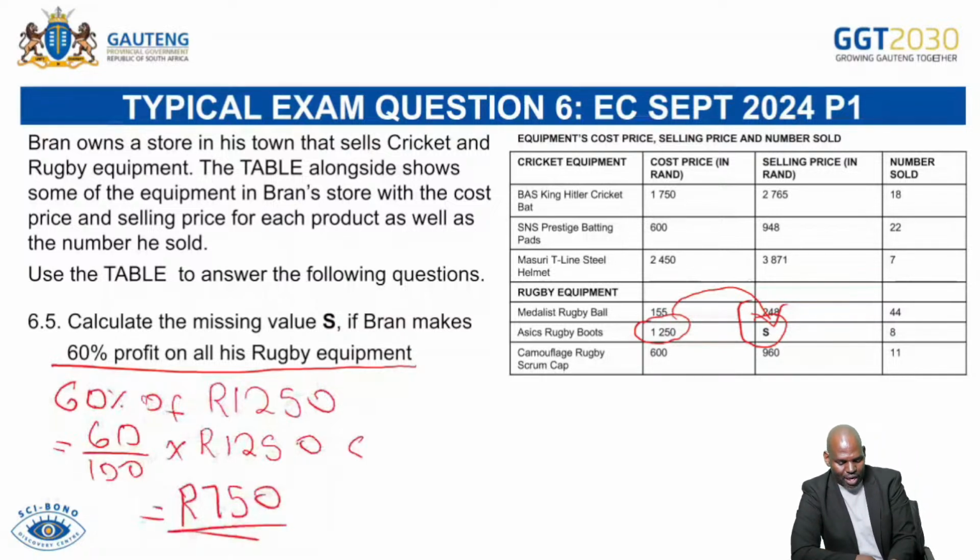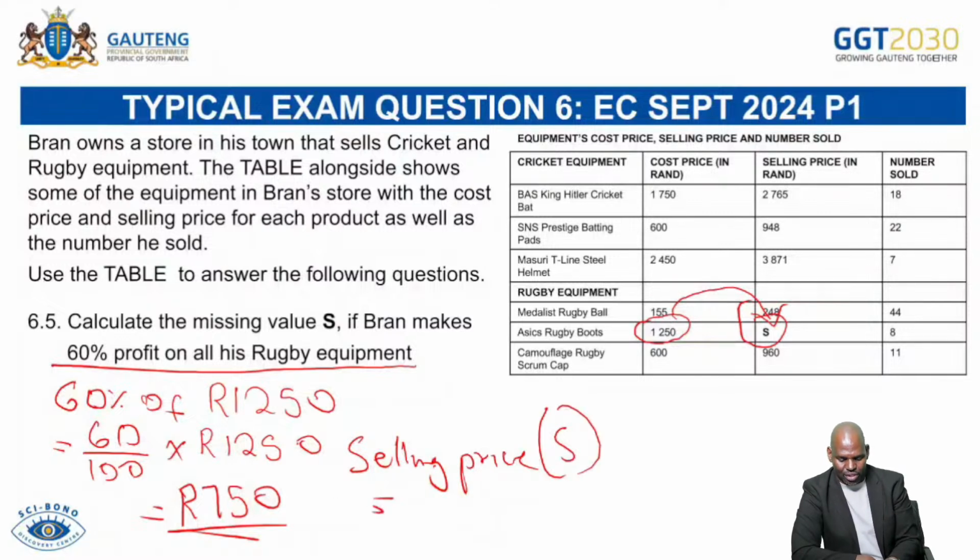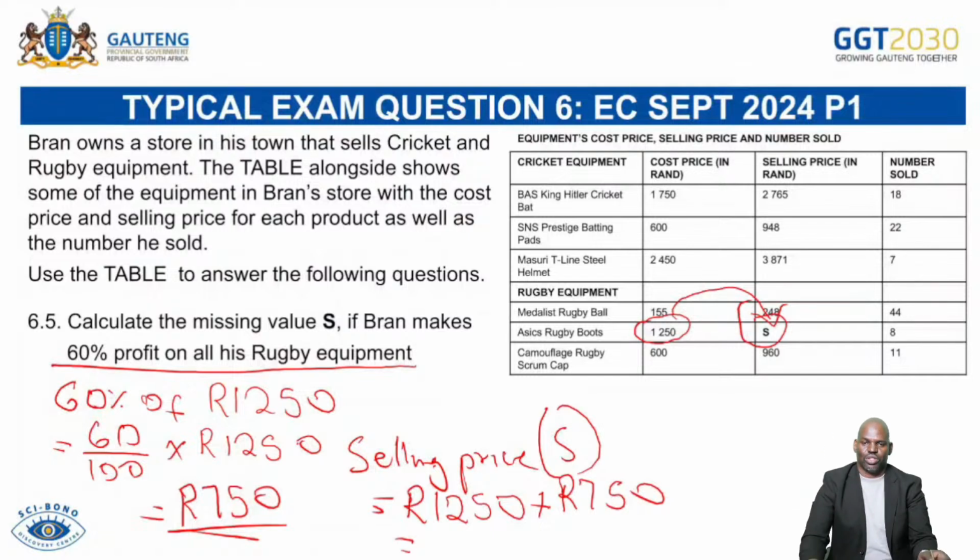Therefore, the selling price, which is the value of letter S in this case, is 1,250 plus 750. Then if I add this together, I get exactly 2,000 rand. Okay, so that was question 6.5.